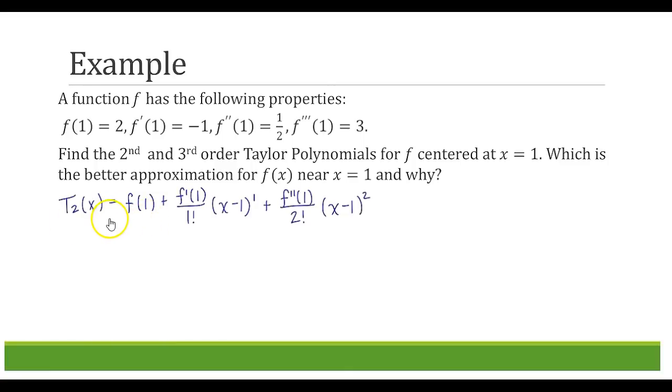So this is my second order Taylor polynomial, but I have to substitute in these values for f of 1, f prime of 1, and f double prime of 1.